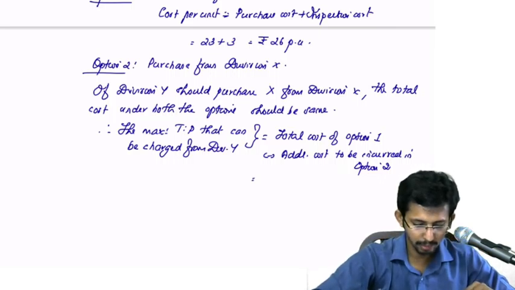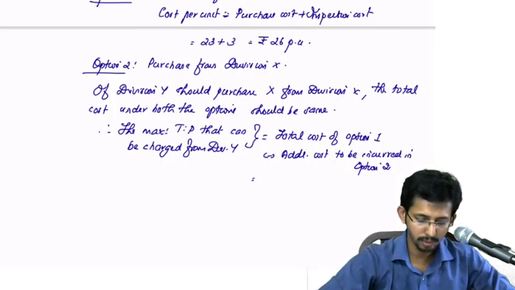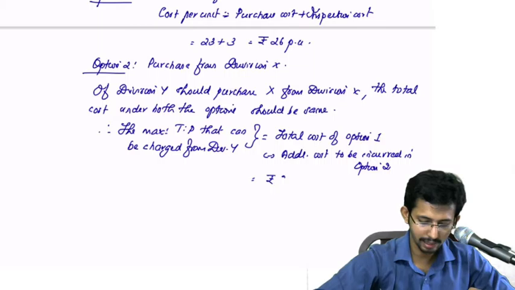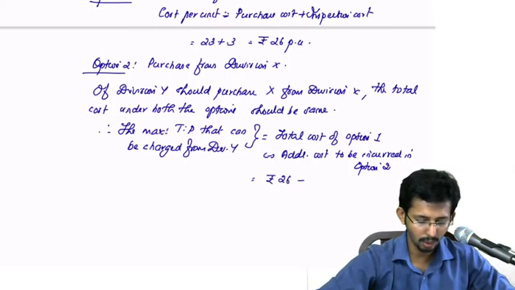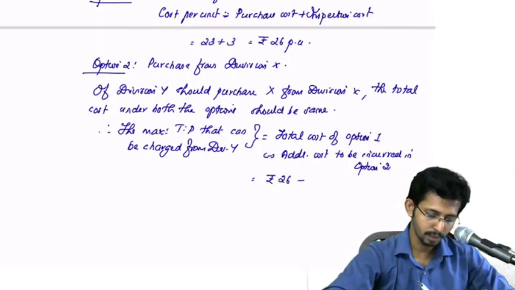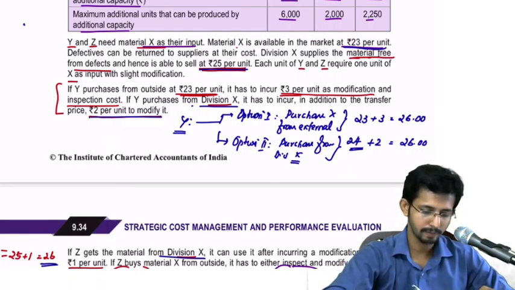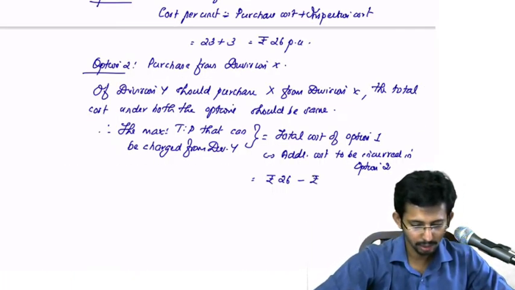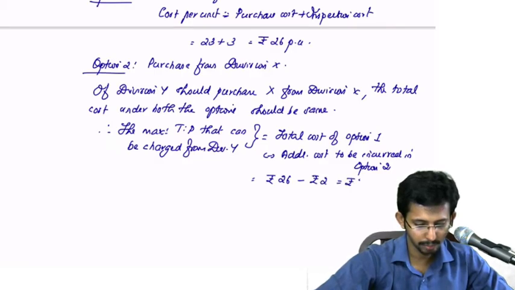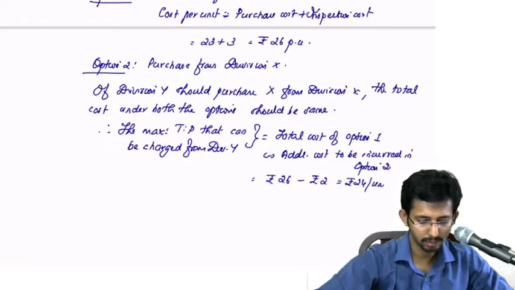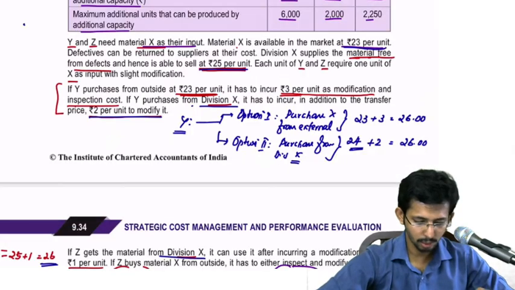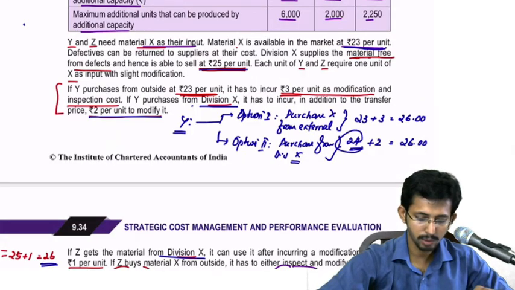So the total cost of option 1 is rupees 26. And what is the additional cost to be incurred in option 2? Rupees 2 per unit. So minus rupees 2 gives you rupees 24 per unit. I had shown you the calculation of why this becomes 24.